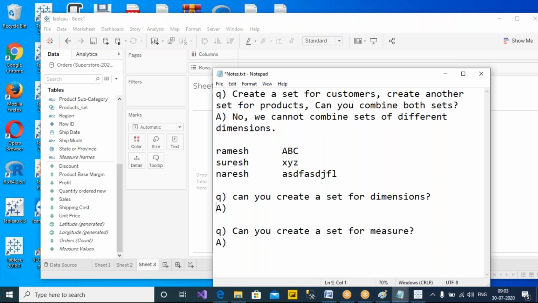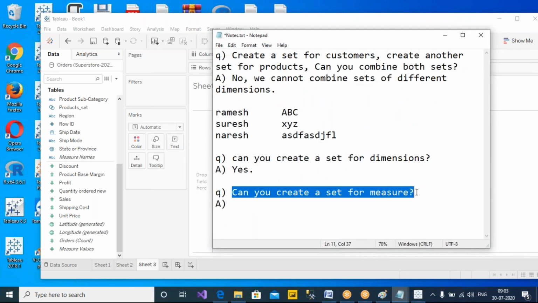I will answer the first one. Can you create a set for a dimension? I'll answer yes. Can you answer the second, yes or no? Confusing question. Can you create a set for a measure?